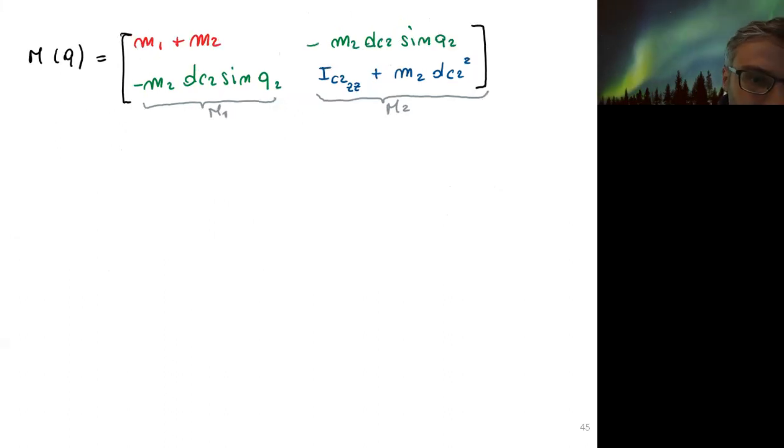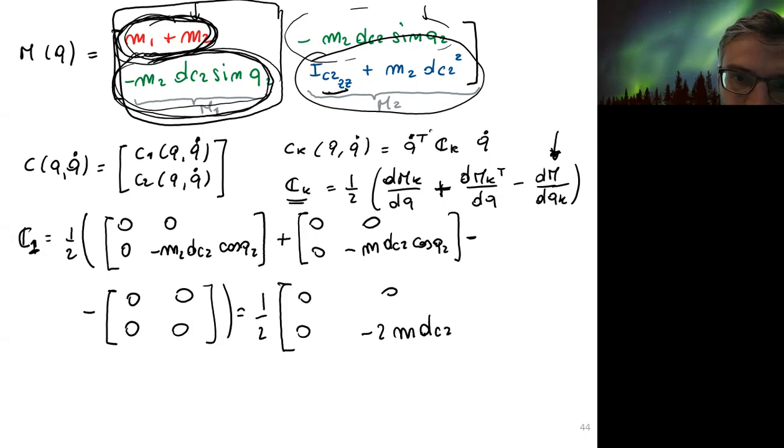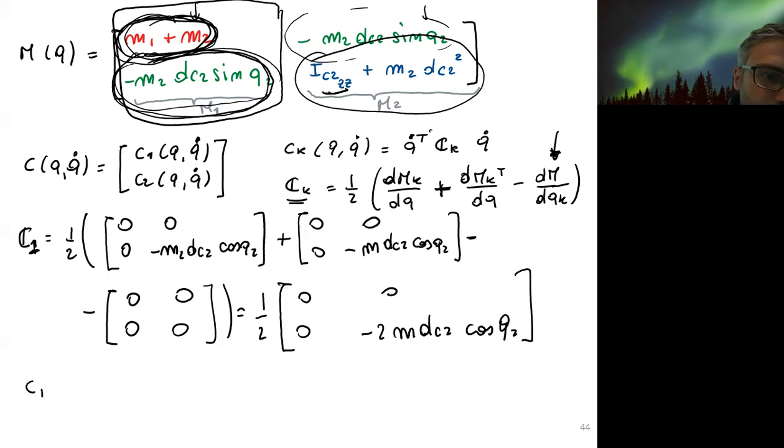So we get in essence 1/2 0 0 0 minus 2 m dc2 cosine of Q2. And this is to compute the C1 element.